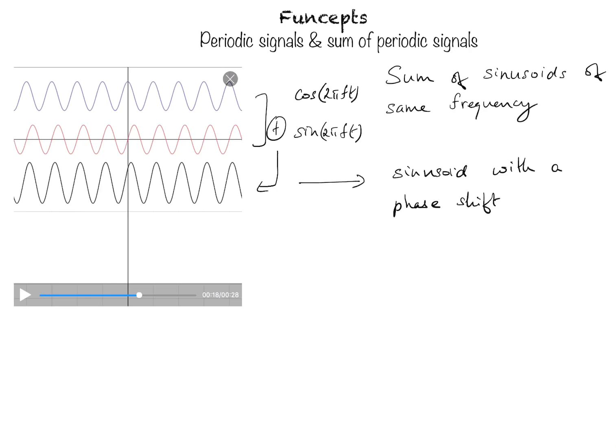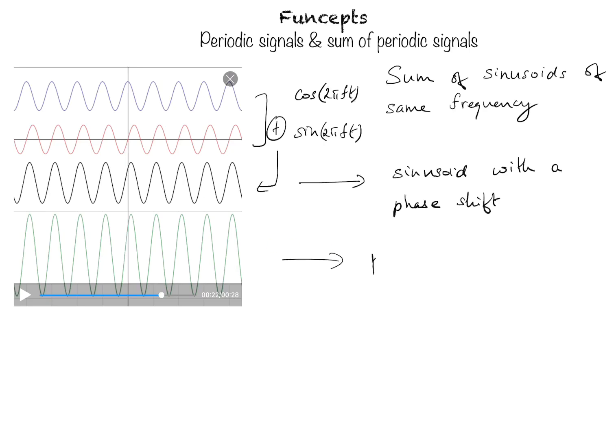Now when we add all the three waveforms together, we get another waveform which is also periodic. So what we conclude again is that irrespective of the phase of the sinusoidal components or the other periodic components, the resultant will still be periodic.